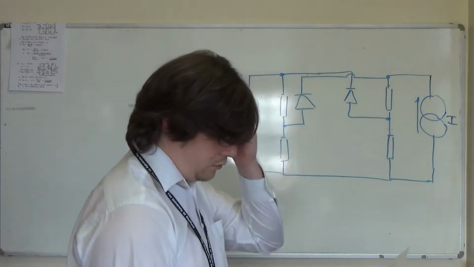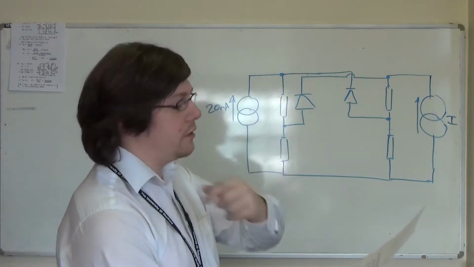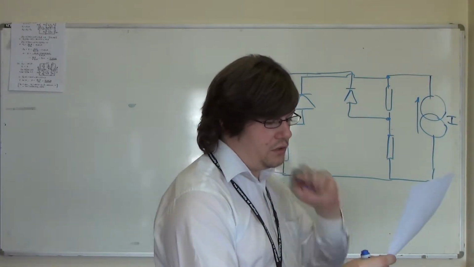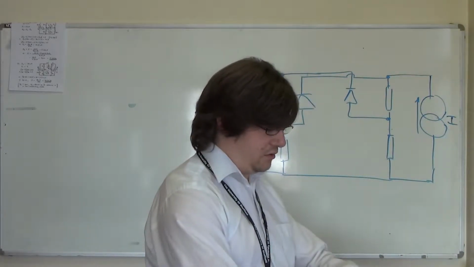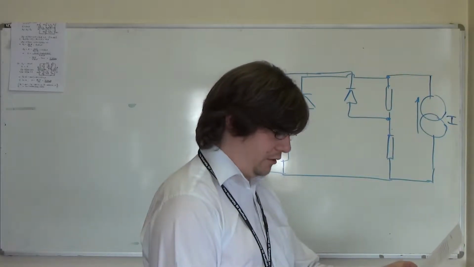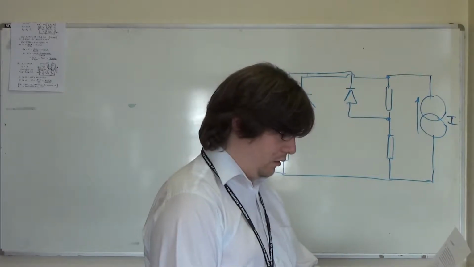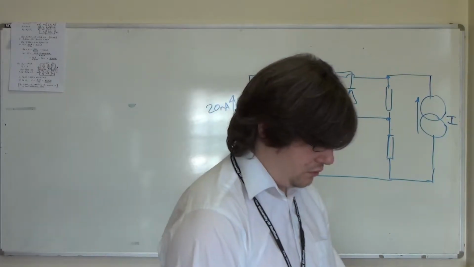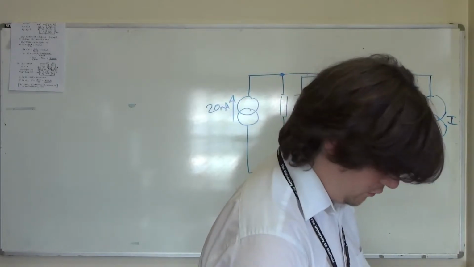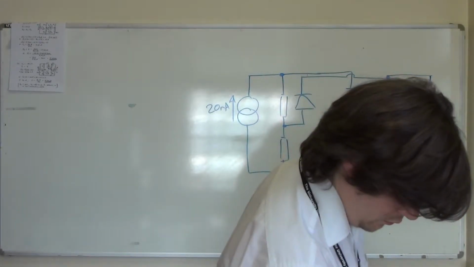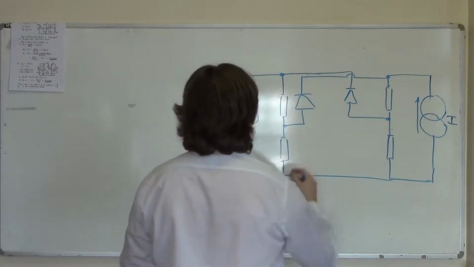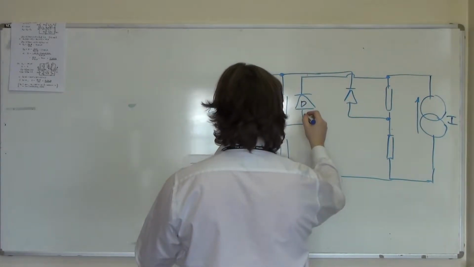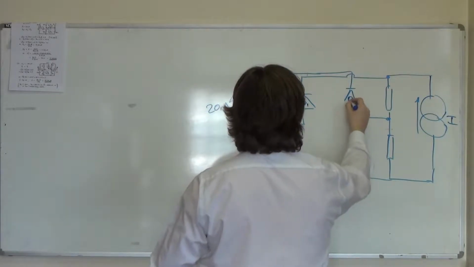which D2 changes from conducting to non-conducting, and it asks, has the state of D1 changed under these new conditions? So what we're going to have to say is, well, this is D1 and this is D2.